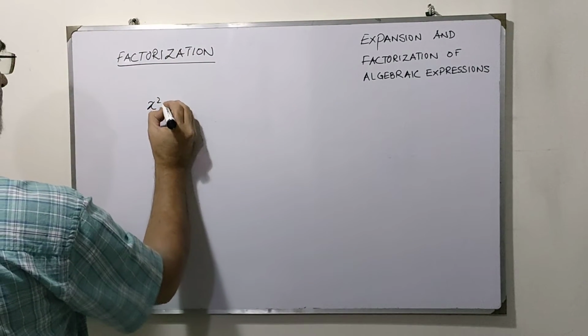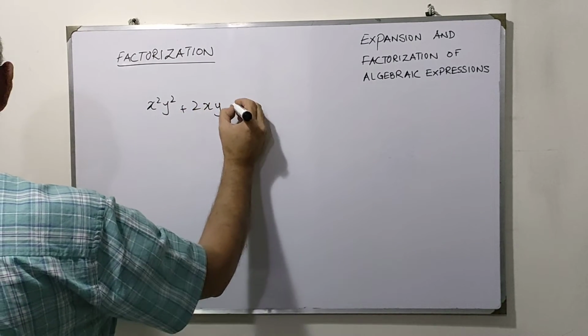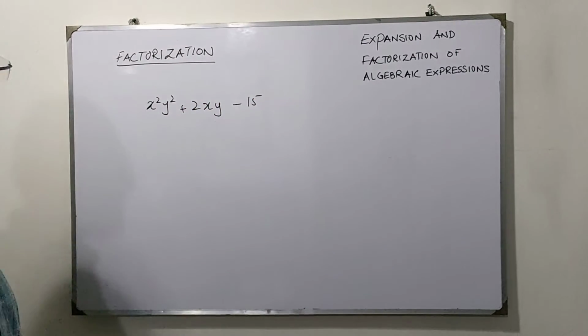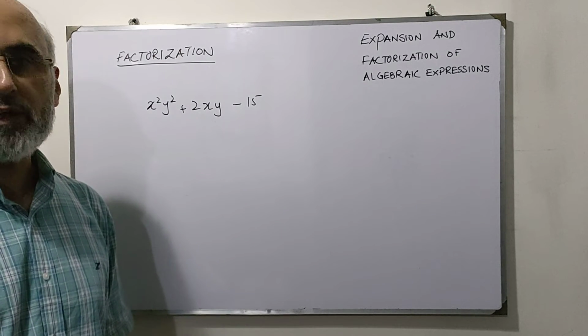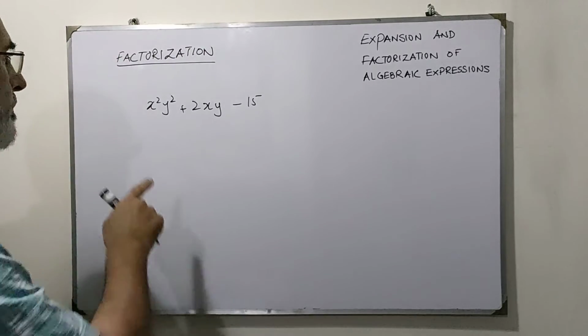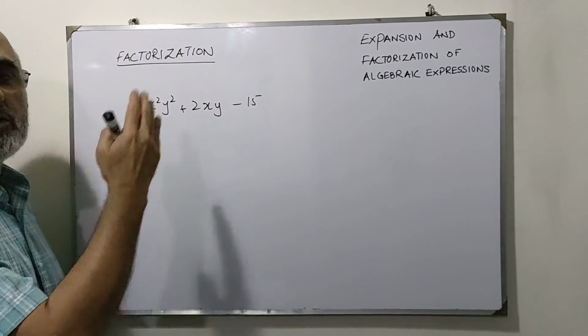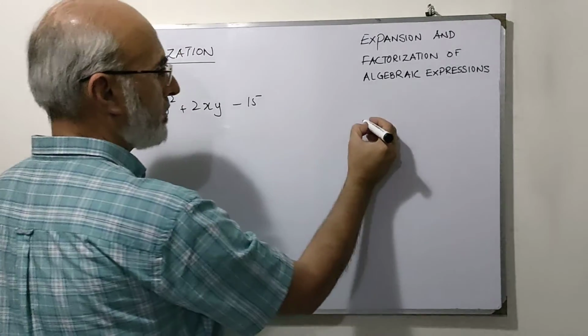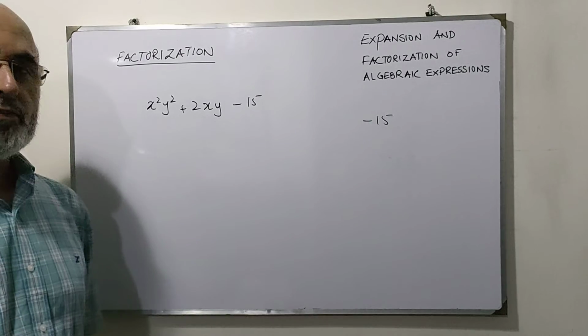x square y square plus 2xy minus 15. It's just that we have a double variable over here, otherwise it's not difficult. What is the coefficient over here? 1, and this is the constant. So 1 into minus 15, minus 15. It's again the same, but now what do we need?